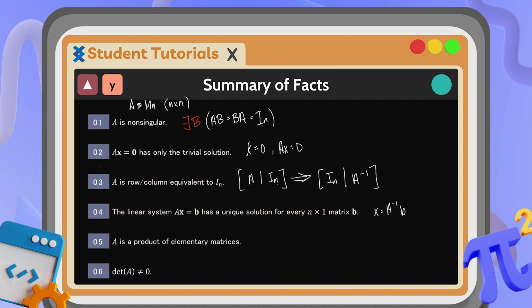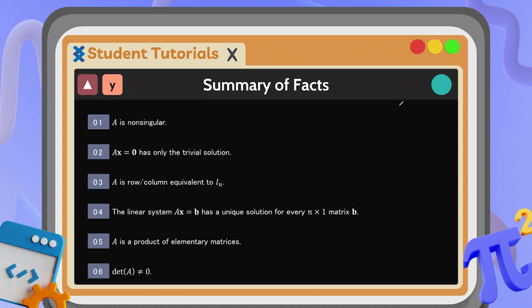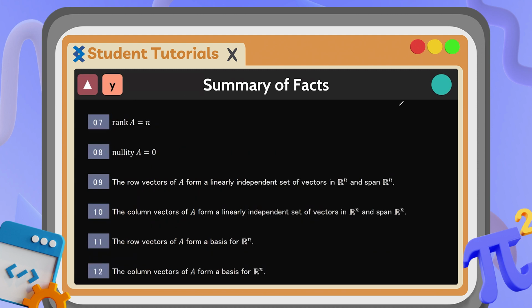So fact number 1 and 6 are actually connected to each other. These are the facts that you already know from matrices and determinants, which all point to other facts that we have just discussed.